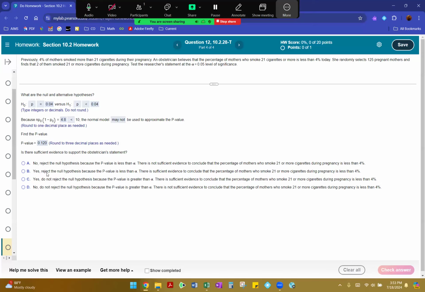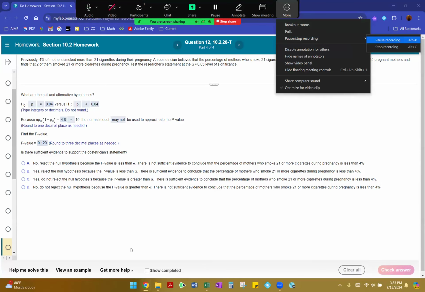And you can see there are 2 options over here. Reject the null hypothesis because the p-value is less than alpha, or reject the null hypothesis because the p-value is, oh sorry, I'm reading that wrong. Our p-value is greater than alpha, so we actually do not reject our null hypothesis here.